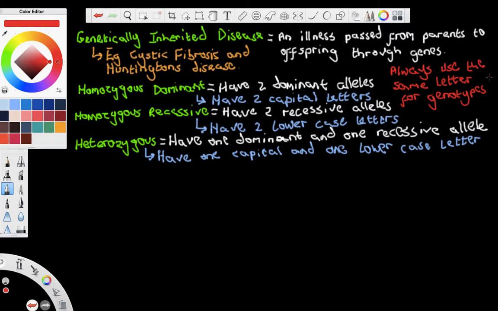That's how cystic fibrosis sufferers feel all of the time. They also struggle to gain nutrients from their food because their digestive system has lots of thick mucus lining the tubes, and they also struggle to have children of their own because their reproductive tract has this thick mucus.